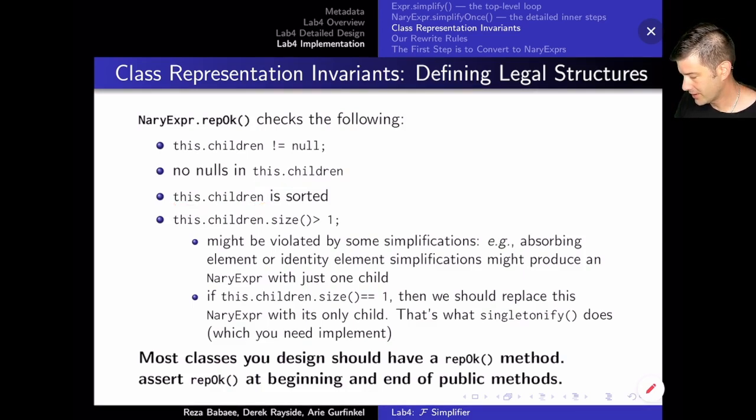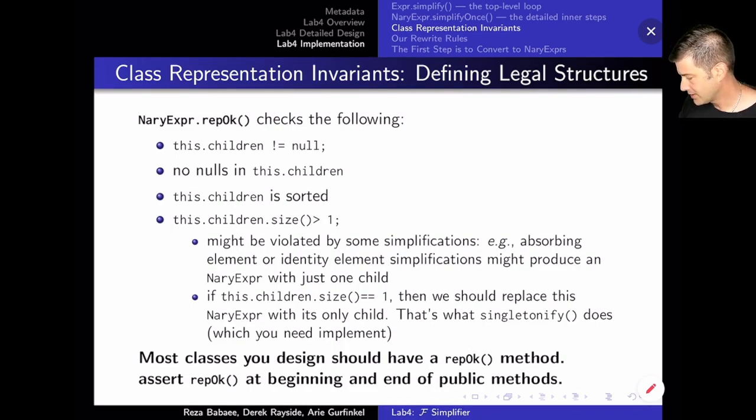So now we can check that the children in fact are sorted. So if there's multiple children, then the first is less than the second is less than the third. We're going to check that the children's size is more than 1, because we have an AND n-ary and an OR n-ary, and the smallest AND and OR expressions are binary, so the number of children has to be greater than or equal to 2.